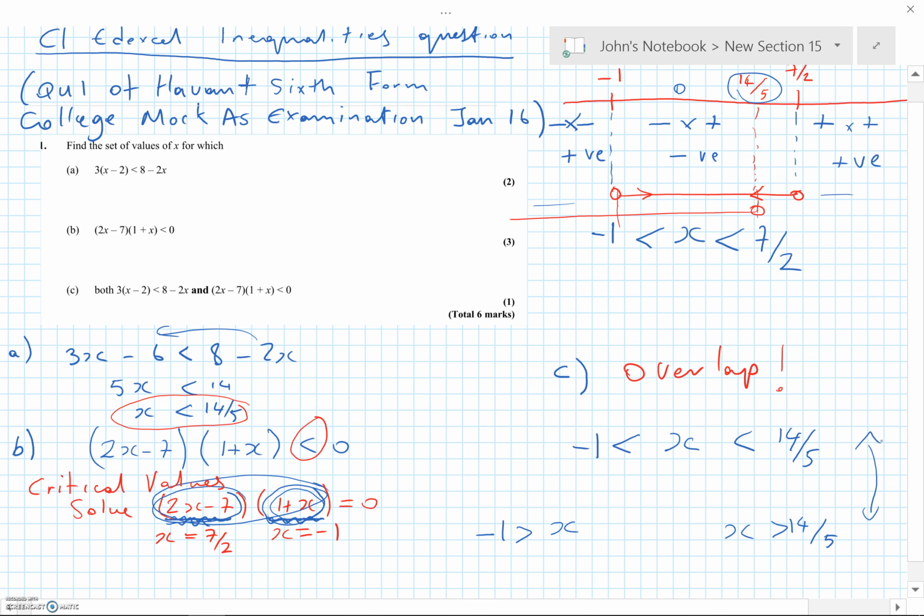And what I'm seeing too often when I'm marking students' work is no thought at all going into where the inequality goes. Students just solve the equation and write the inequality in the same direction as the actual equation has gone. Classic wrong answer, done so frequently.